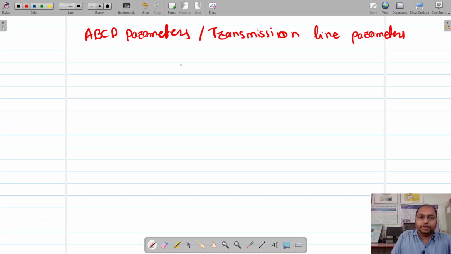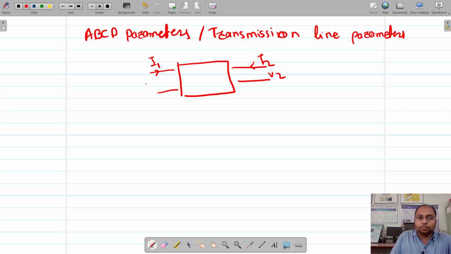Again, let us consider that black box. Remember that transmission line means transmitting the electrical signal from one point to another point.